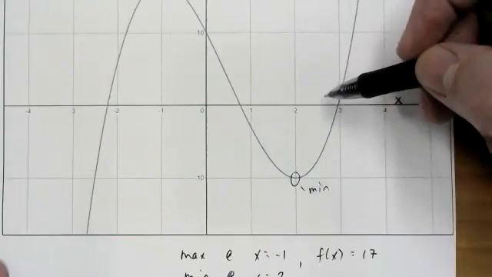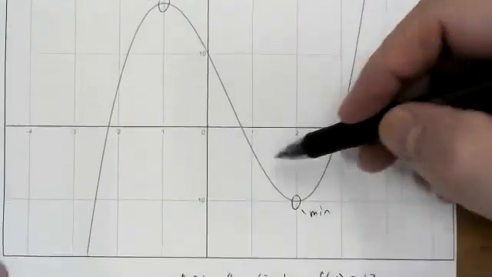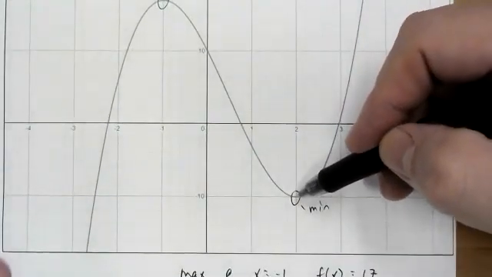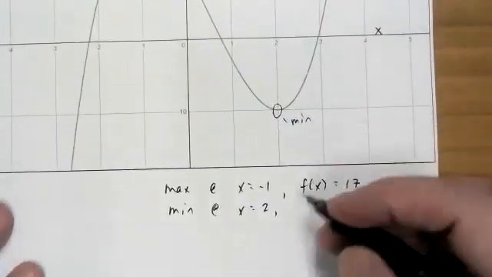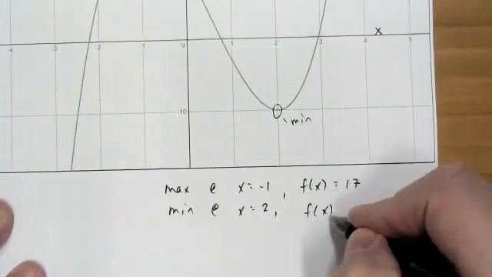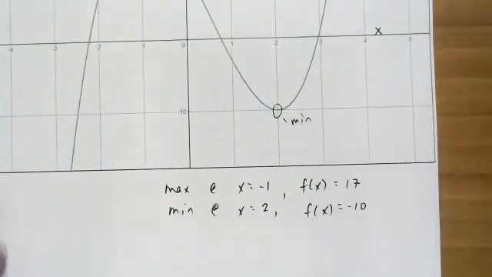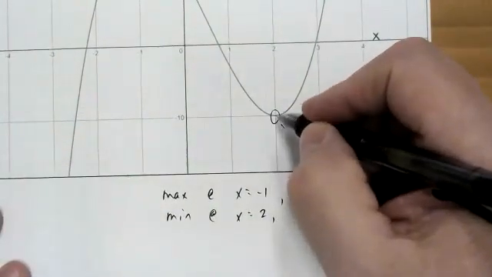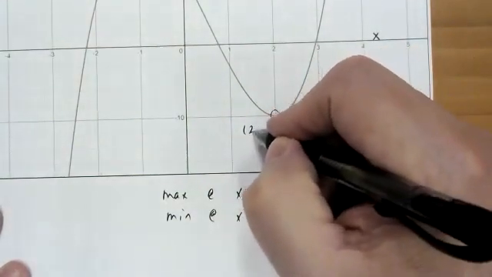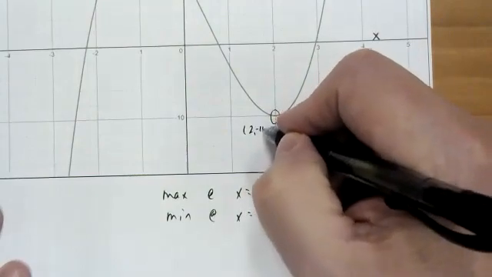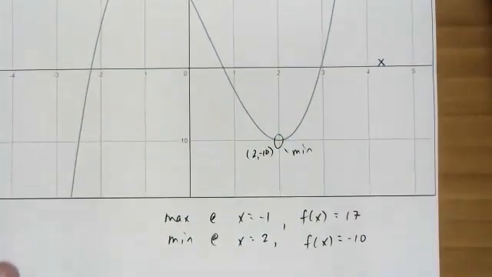So what's the value of the function at the minimum? When you look here, here's the minimum. The value of the function is -10. So at the minimum, the function is -10, and then just to be very obvious, if I were to think of that as a point, it's (2, -10).